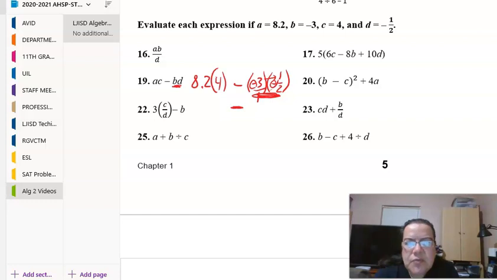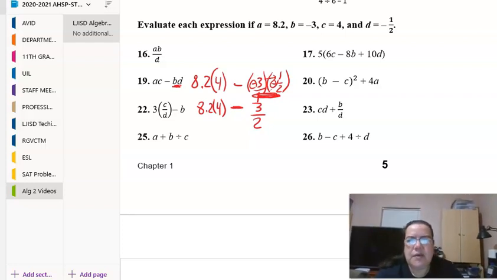And so 3 times 1 is 3 over 2. Negative and negative became positive. However, when I multiply a positive times a negative, I should end up just getting that negative. So I have now 8.2 times 4 minus 3 over 2.